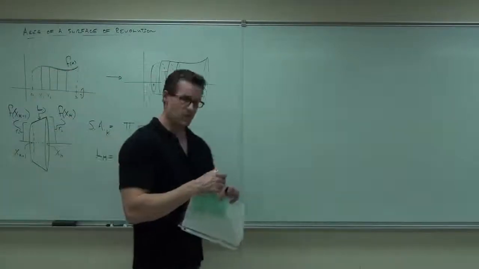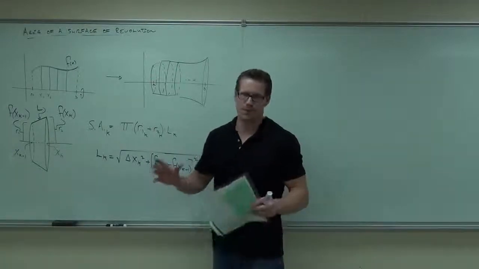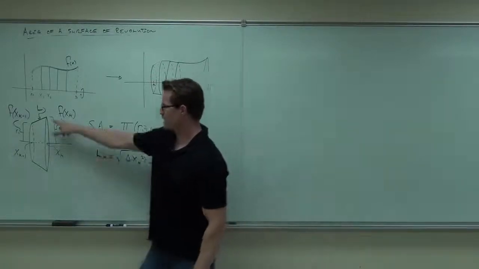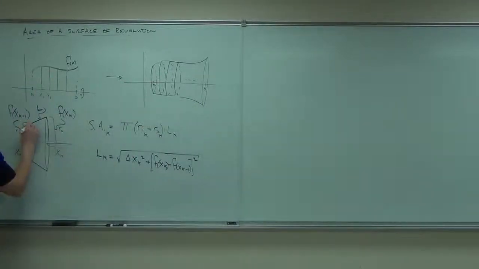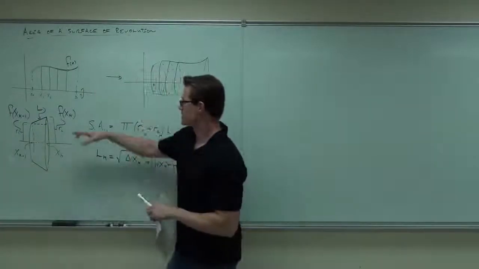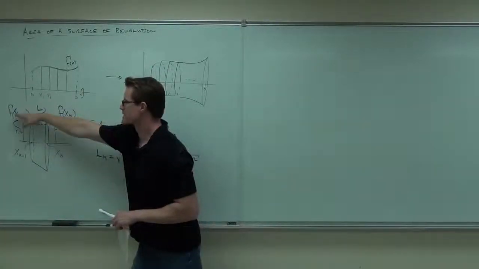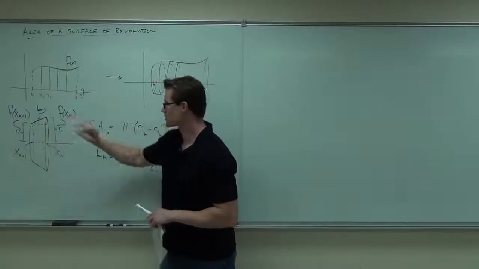L was that, and you can get that simply by Pythagorean theorem if you really think about it. The change in height here, from here to here. Remember, if you draw a little triangle, the change in height is simply f of x sub k minus f of x sub k minus 1.